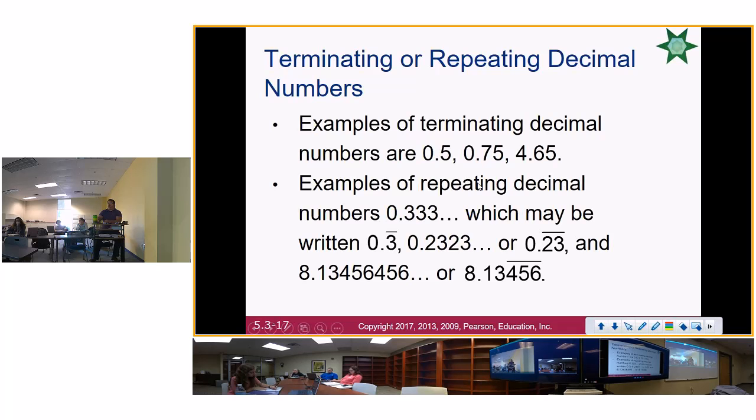You should know that 0.3 repeating is 0.3333, and 0.2323 with a line over the 23 means the 23 is repeating. That's not a test question.